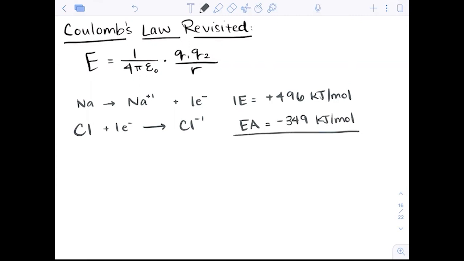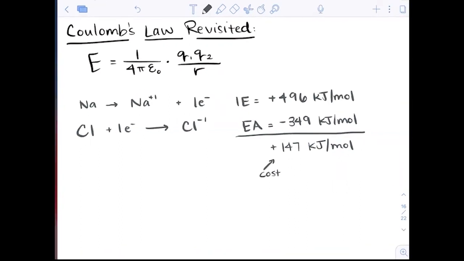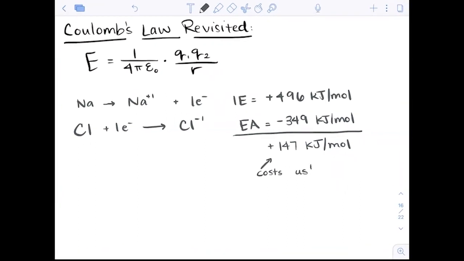So overall, if I were just to add those two together, I would see that to make sodium chloride, it would be overall positive in energy, meaning that it costs us. That is an endothermic reaction. But what we actually see is that that's not the case at all.